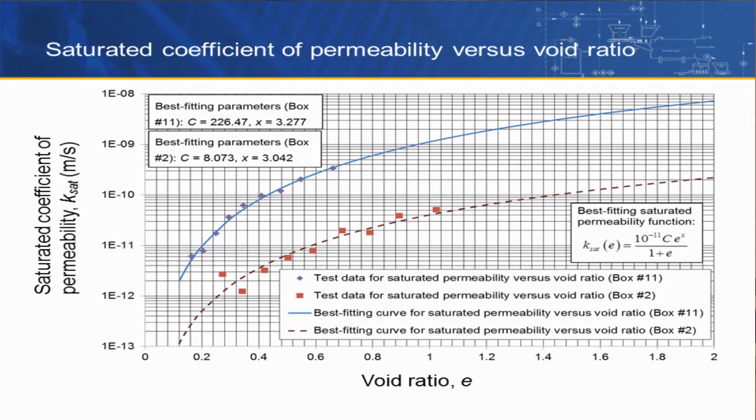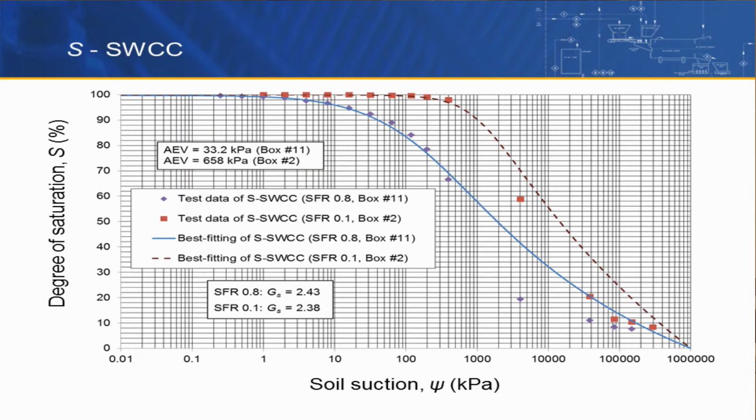And here is the relationship between the saturated permeability and the void ratio, and we also use regression analysis to best fit these data to obtain the fitting parameters for this equation. And then we get the degree of saturation based on basic volume-mass relationships.